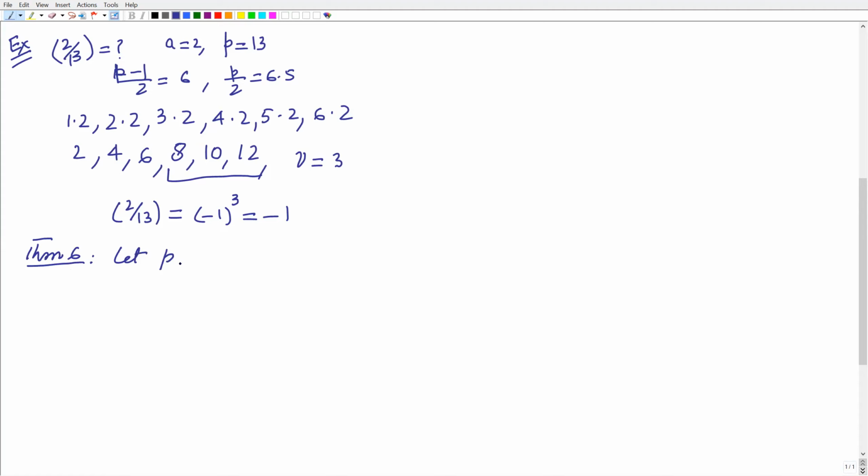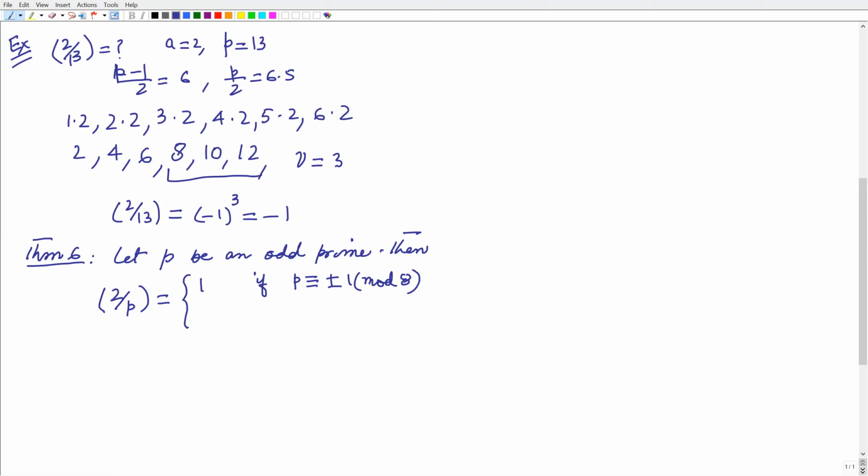Let P be an odd prime, then the Legendre symbol of 2 over P is 1 if P is congruent to plus or minus 1 modulo 8, and minus 1 if P is congruent to plus or minus 3 modulo 8.